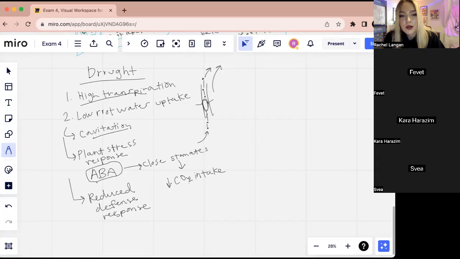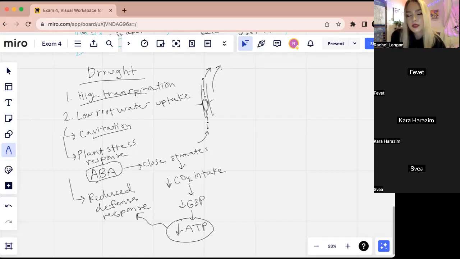And if there's no carbon fixation, there is no G3P. And if there's no G3P, then there is no sugars for doing cellular respiration. And if there's no sugars for doing cellular respiration, there is no ATP. And that's a problem because you need ATP to synthesize defense molecules. So if you have less energy, you're going to defend yourself less.